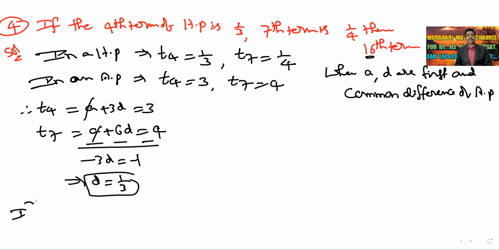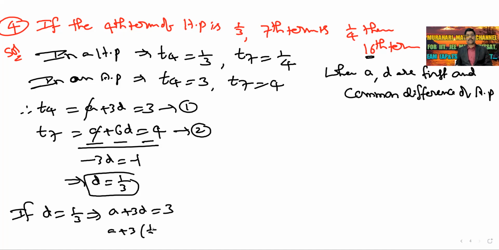If D is equal to 1/3, then we have to find the A value. A plus 3D is equal to 3. A plus 3 times D value 1/3 is equal to 1. A will be 3 minus 1, 2. Okay, we have got A value 2.